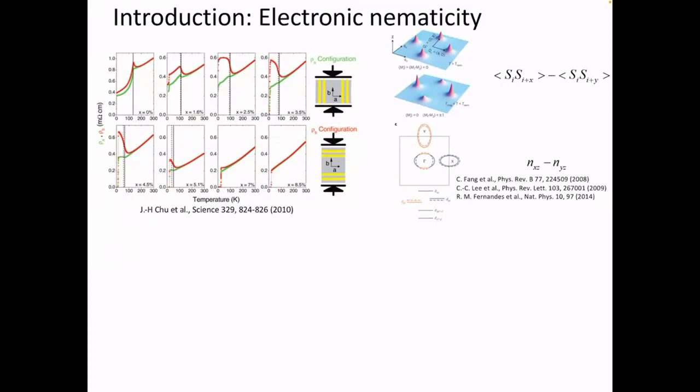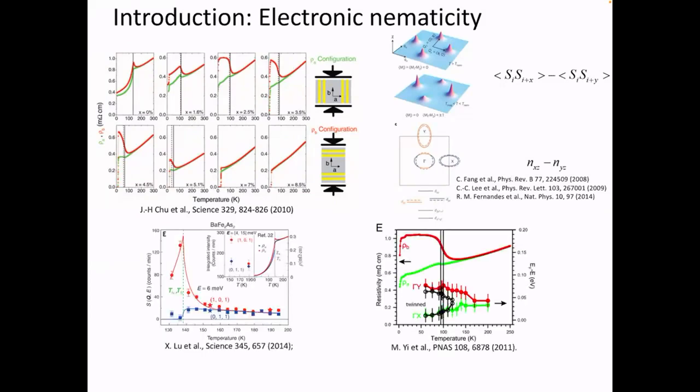And experimentally, you actually see both phenomena. In inelastic neutron scattering, you see this anisotropy of spin excitations at (1,0) and (0,1). And in ARPES, you see a splitting of the dxz and dyz orbitals.